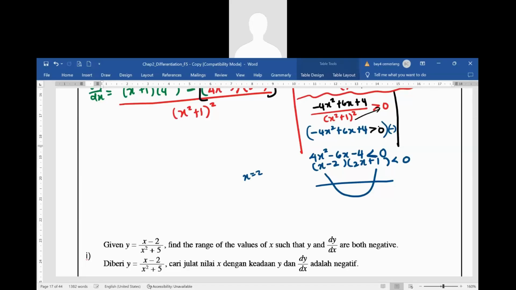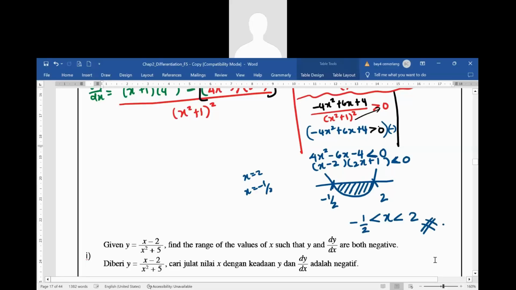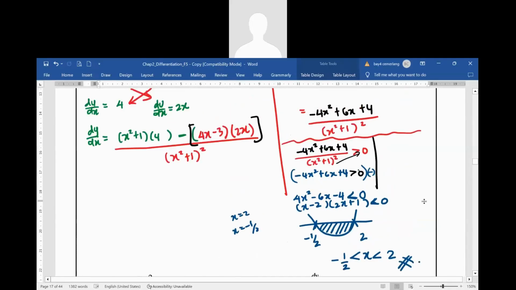So you should be getting x equals to 2 and x equals to negative half kan. Jadi label di sini negative half, label di sini 2. So less than 0 means you shade in between. So your range value of x is negative 1 over 2 until 2. Hope that explains lah.